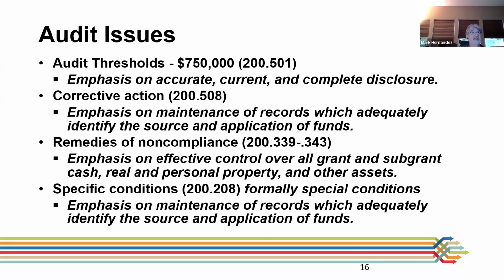Now, when you get to your audit issues of 750,000, we've talked about it before, that's 750,000 of federal expenditures. It's not the award. So let's say you had, for whatever reason, $760,000 of awards, but you only spent 720,000 in federal throughout.